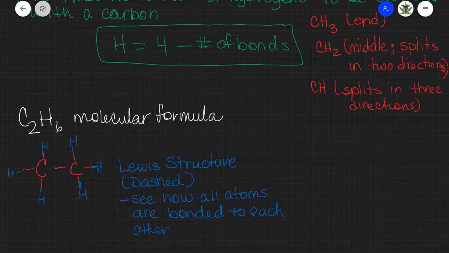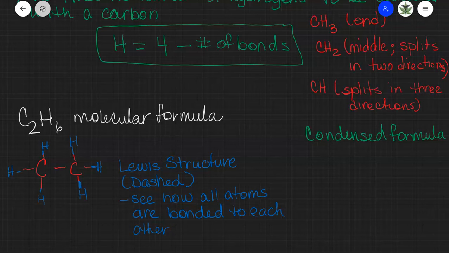We should also be able to write what is called a condensed formula, where we're going to see the letters and numbers as subscripts.